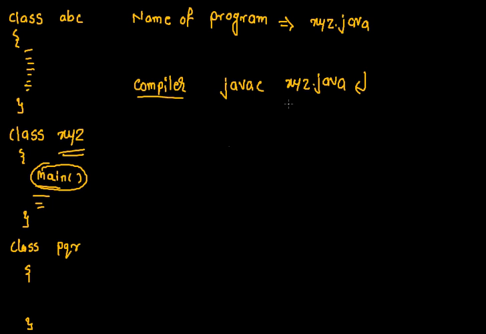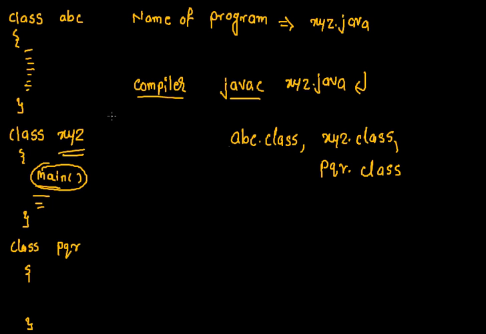When you press enter, if your program does not have any error, then the compiler will generate three .class files for your program, because in your program there are three classes. So first will be ABC.class, second will be XYZ.class, and third PQR.class.